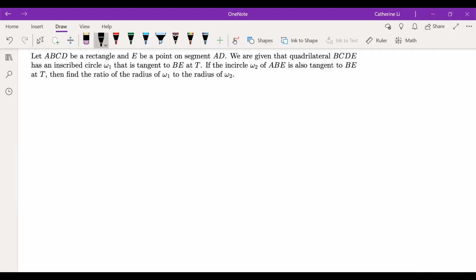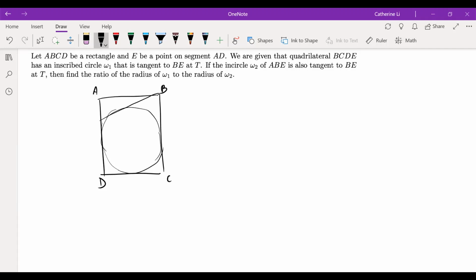So yeah, we have a rectangle ABCD, and we're going to draw circles in this rectangle. So if we have A, B, C, and D like this, we're given that BCDE has an inscribed circle, which means that it's restricting how this is going to be able to look.